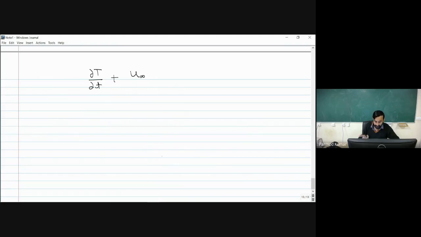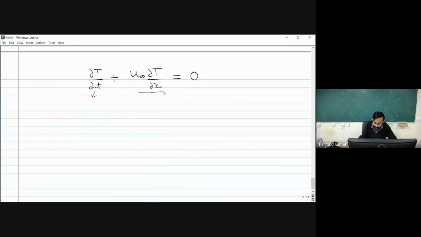Okay, so I have a single order transient convection equation. Now you have to comment about the nature of this equation, whether this equation is parabolic, hyperbolic, or elliptic. Can you all tell me how to determine the nature of this particular equation? So what I have is one transient term, and over here I have one convection term.